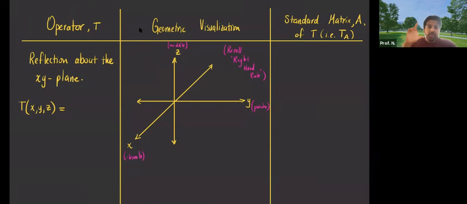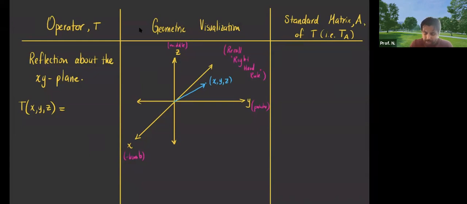All right, so this is the XYZ. Now let's say I have, and again, this is not going to be so easy all the time to visualize, this point here, this vector XYZ, and I want to reflect this through the XY plane.